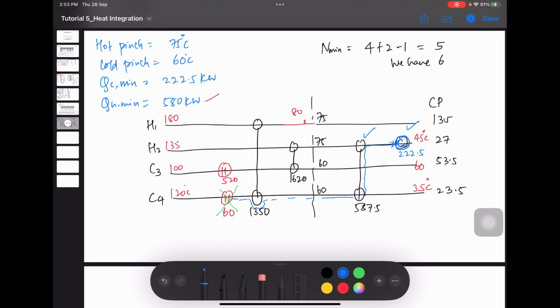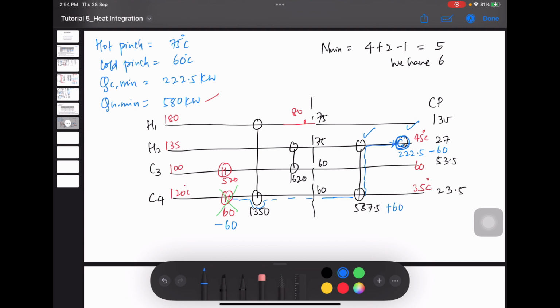So here will be minus 60, this will be plus 60, and this will be minus 60. Alright, so when you do that, you can recalculate and write down your values. I'll give you some time to do that.